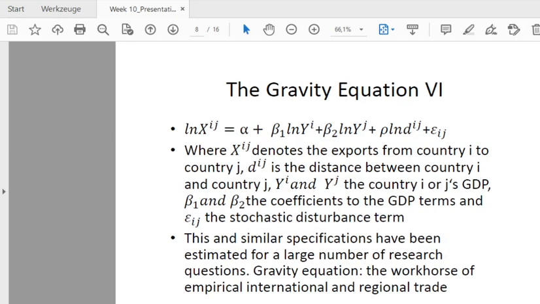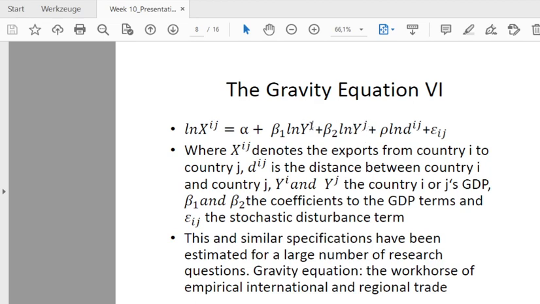Well, what does this equation look like? We just take the natural logs of the formula we just saw. On the left-hand side, we have exports or imports or exports plus imports. This is the trade between country i and country j. This is a constant which we need to estimate. And here we have the two GDPs, capital Y of country i and capital Y of country j.